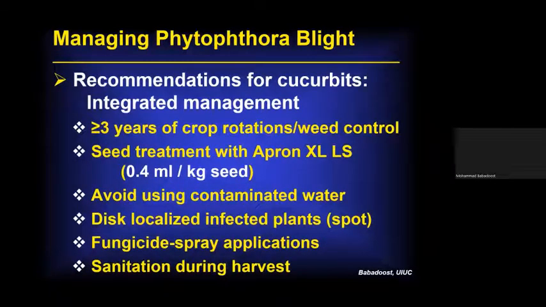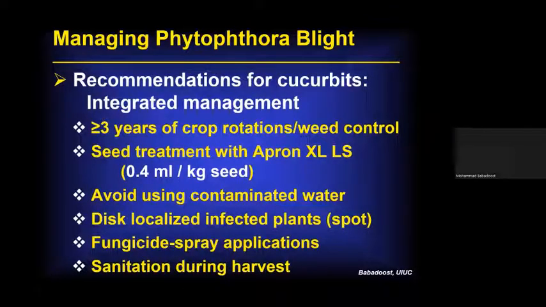Then when we come to cucurbits, that's really complicated. We have to use integrated management approaches. Why? Because we do not have resistant cultivars. When I'm talking about cucumber, pumpkin, squash, melon, watermelon, and so on, none. No one has resistant cultivars or resistant varieties against Phytophthora capsici.